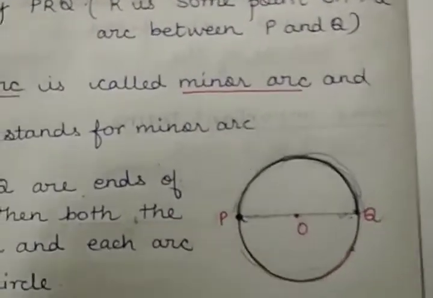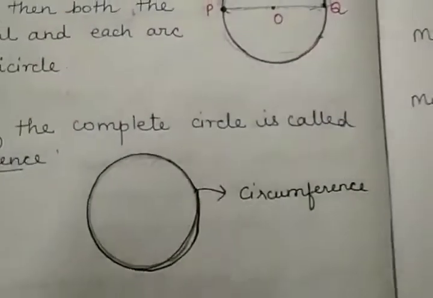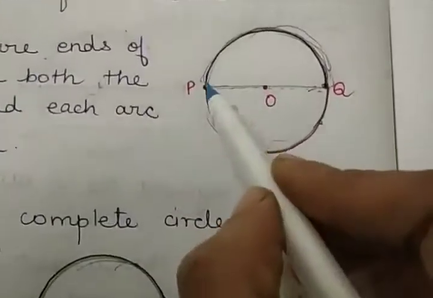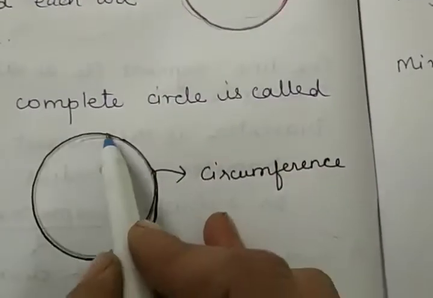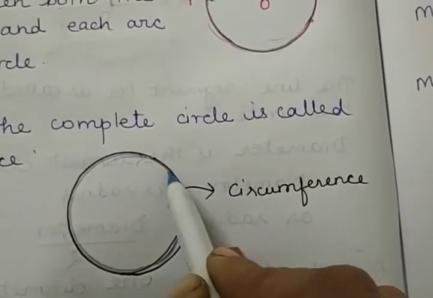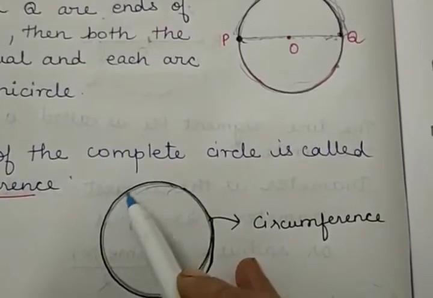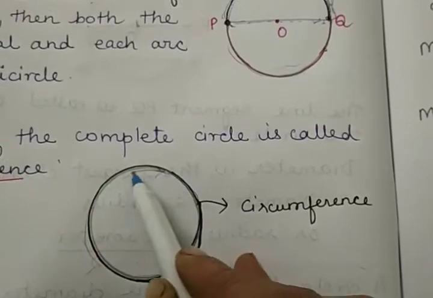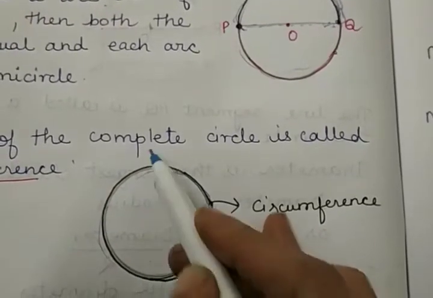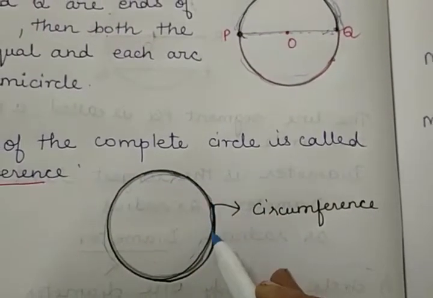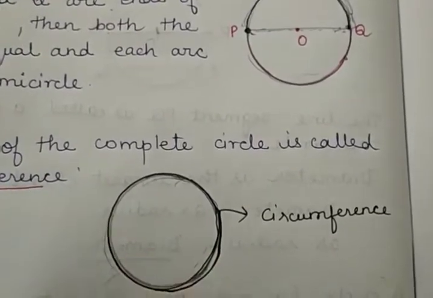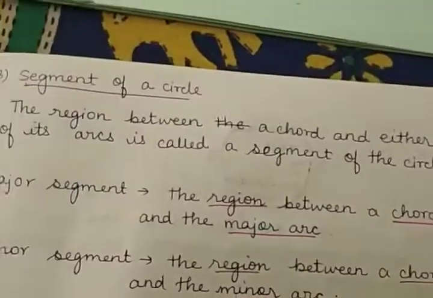Semi means half. Now the length of the complete circle is called the circumference.